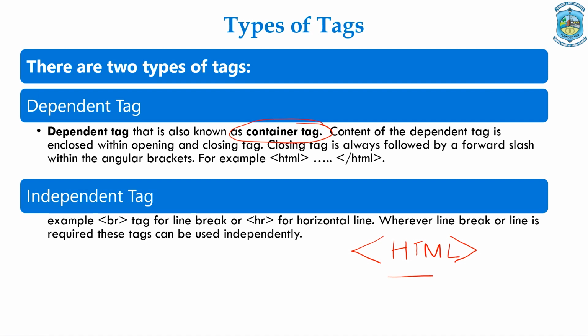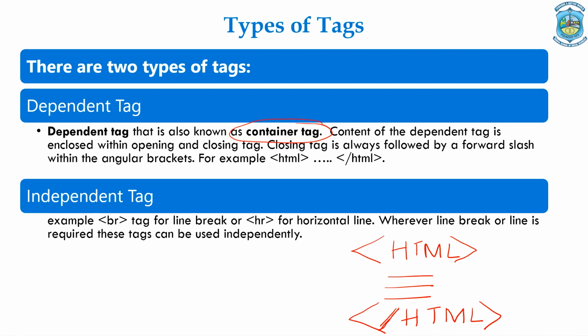Then we can write the text inside, and then we close it with the closing tag. The difference between the opening tag and the closing tag is that the closing tag is followed by a forward slash. That is the only difference.